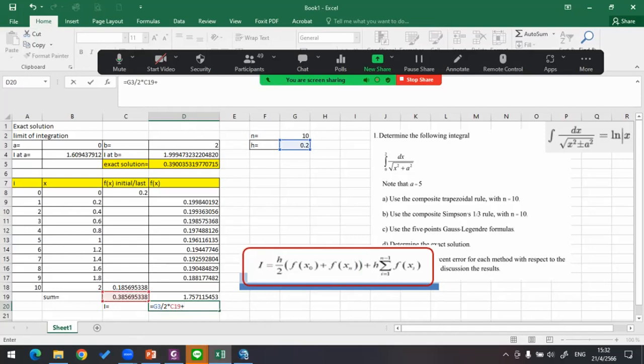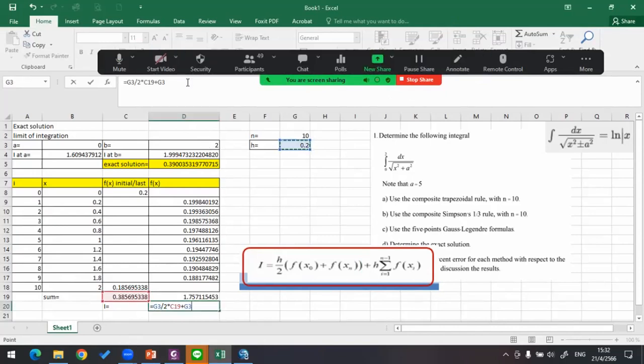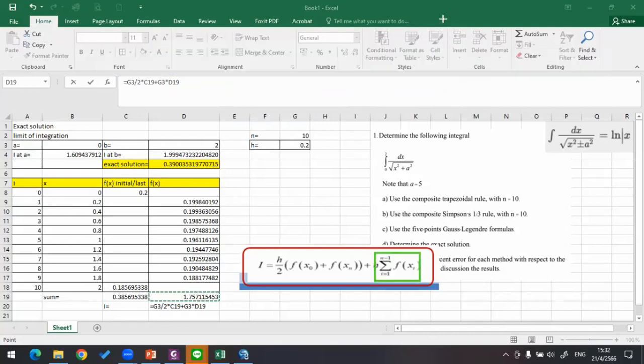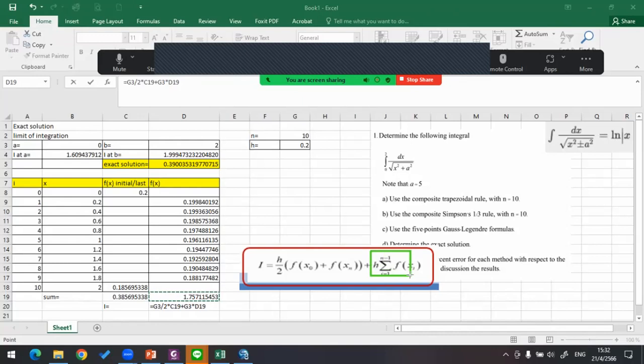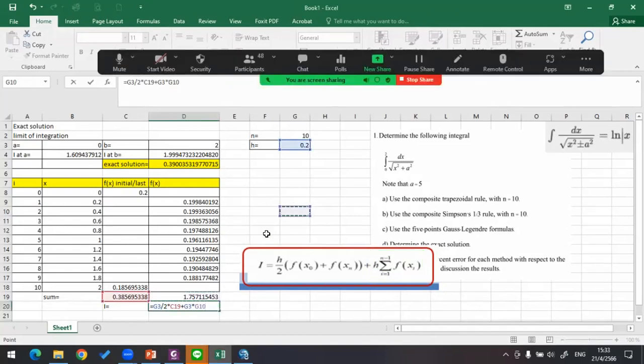Okay, and then plus h times the summation of another point. That is just the last term over here. H times the summation of fxi. Okay, so according to this, we obtain this result.